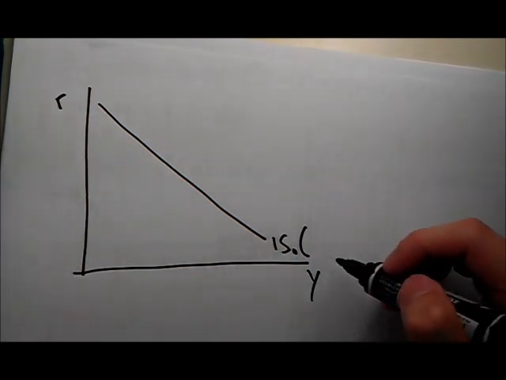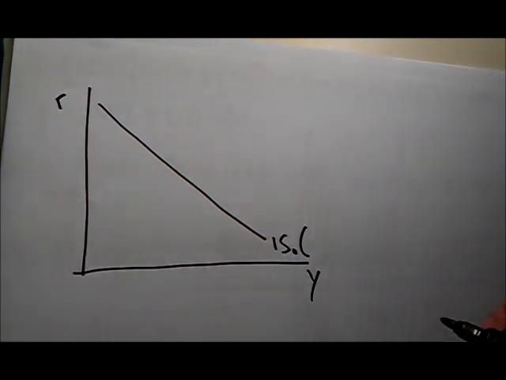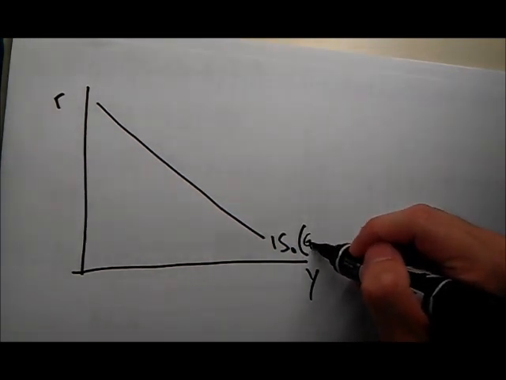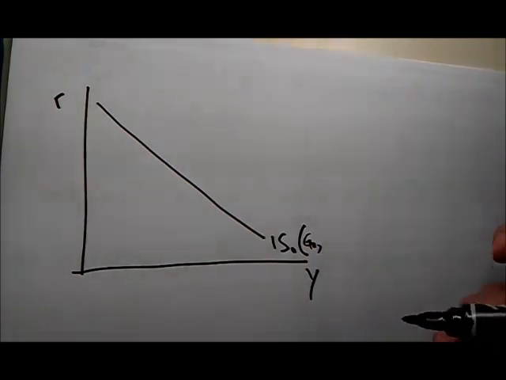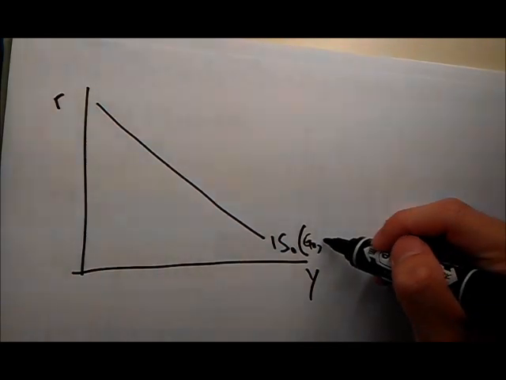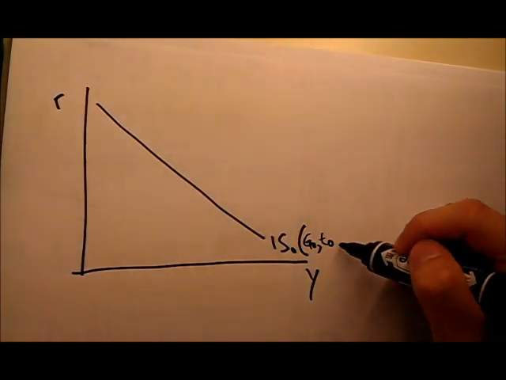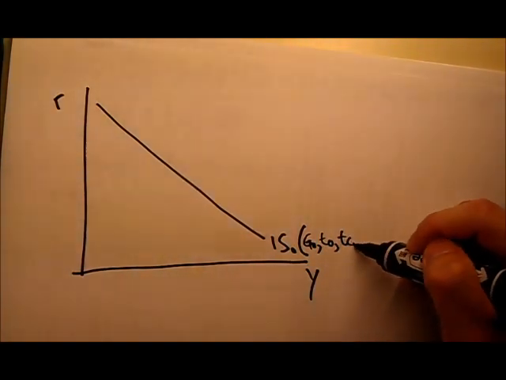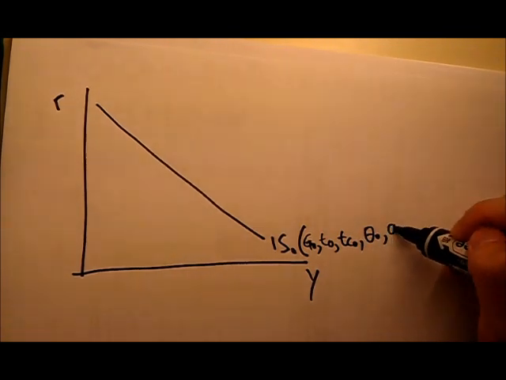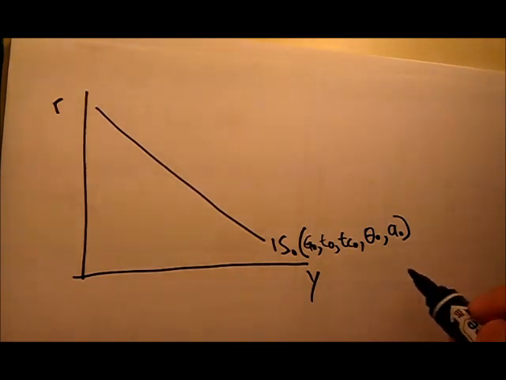From the multiplier equation, we know that the IS curve is affected by government spending and all the rest of the autonomous spending, but we will put G because it's most prominent, as well as your tax rate, your corporate tax rate and your alpha. You have to put this inside the brackets to show that you understand what shifts or rotates the IS curve.